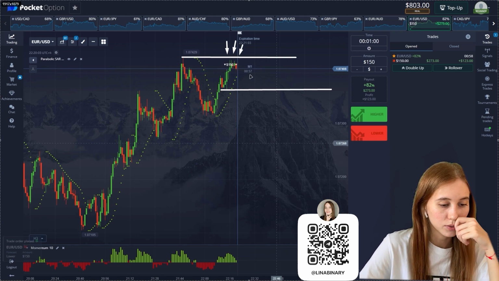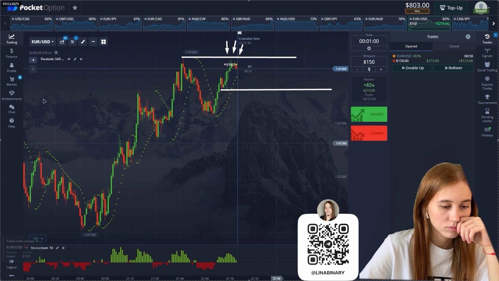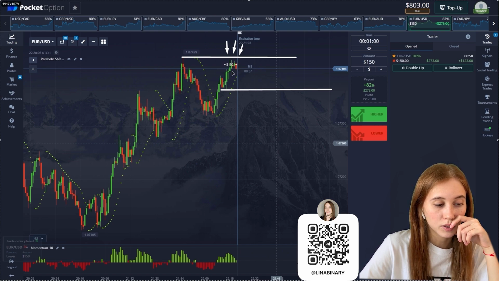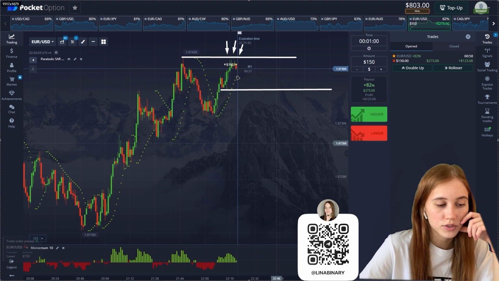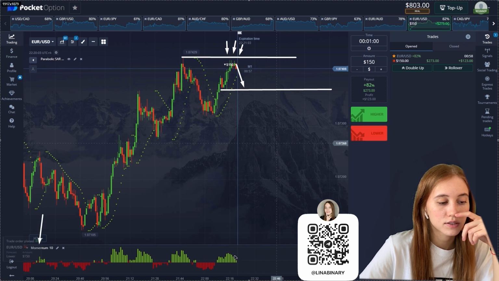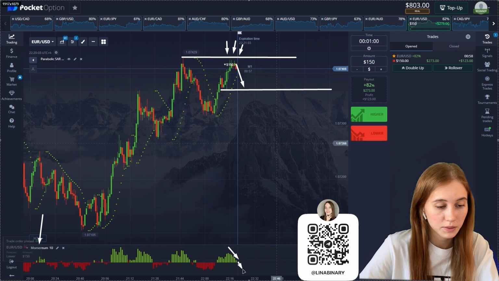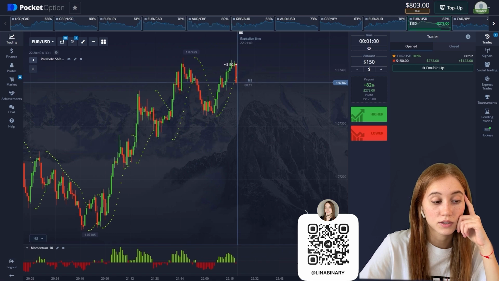We're seeing the shadows. That means that there will most likely be a reversal. And also the second indicator shows that the candles have been decreasing. That means volatility is also decreasing. That means that there will most likely be a reversal and overcoming the 0 mark.